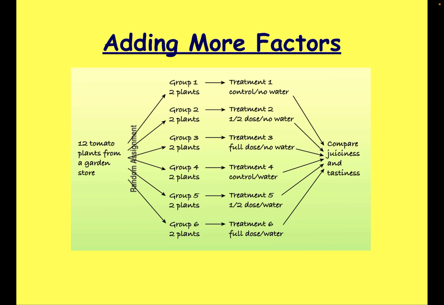There would be a control fertilizer dose with no water, half a dose of fertilizer with no water, a full dose of fertilizer with no water, a control group with water, half a dose with water, full dose with water, and then again at the end I'm going to compare the juiciness and tastiness. All of this, while it's written here as a diagram, could also be written in paragraph form.